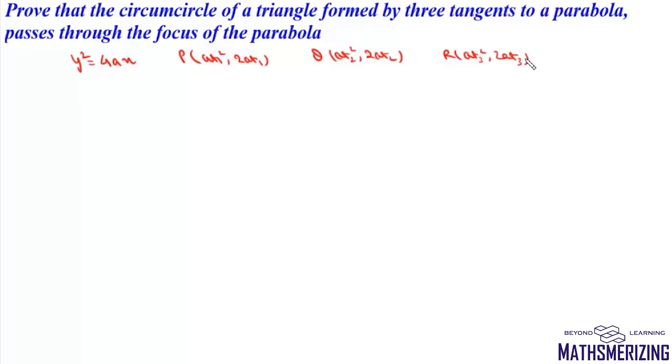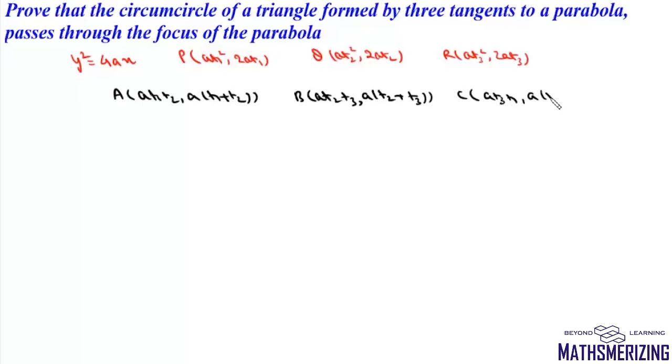Now suppose the tangents at these points intersect at A, B and C. So we have already done this in the previous article, that the point of intersection of two tangents will be (a t1 t2, a(t1 plus t2)). In the same way we can write B, which is (a t2 t3, a(t2 plus t3)), and C will be (a t3 t1, a(t3 plus t1)).